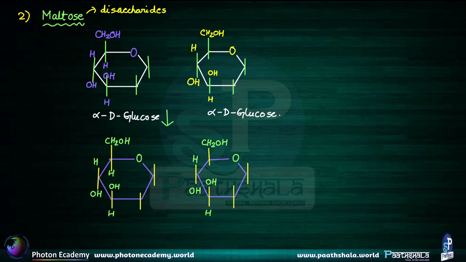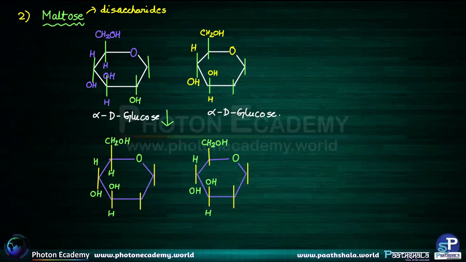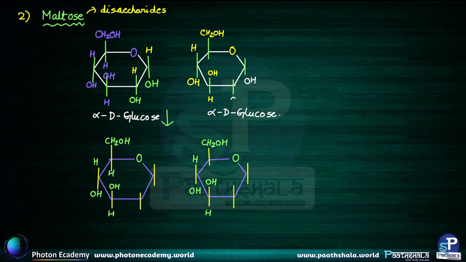When there is alpha, then our OH position is cis. So both of them, the OH lie at the same side, and on the second one also, we have them lying at cis. So we have got two monomeric units, which we can call alpha D glucopyranose.